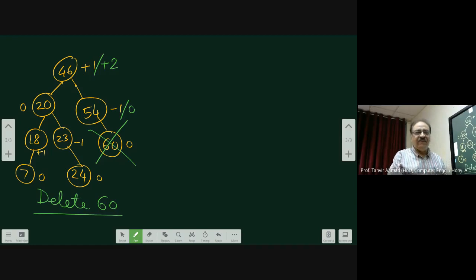Nothing will change on the left hand side, because you are deleting on the right hand side, so nothing will change in the left subtree. Now check the rotation. You are deleting in the right subtree of 46. Check the balance factor of 20. It is 0. Therefore, apply R0.